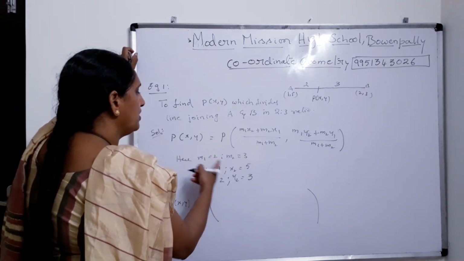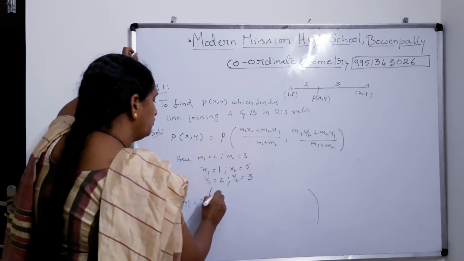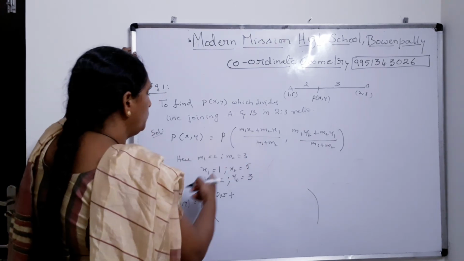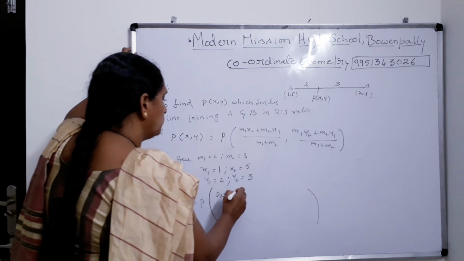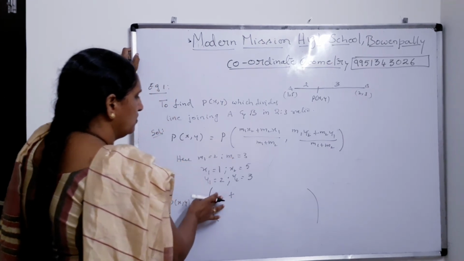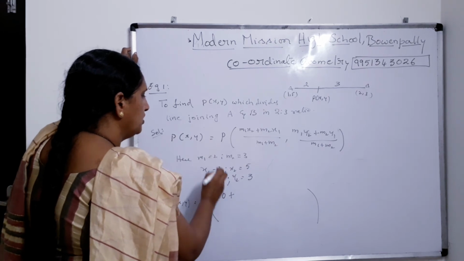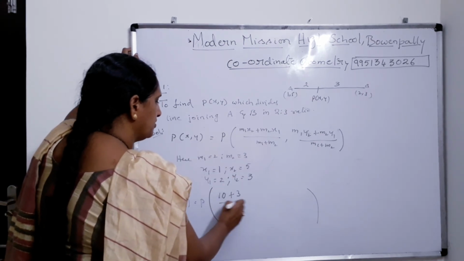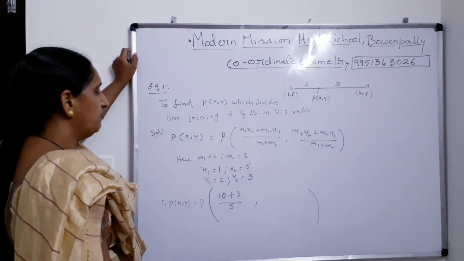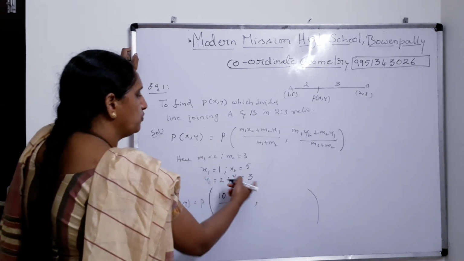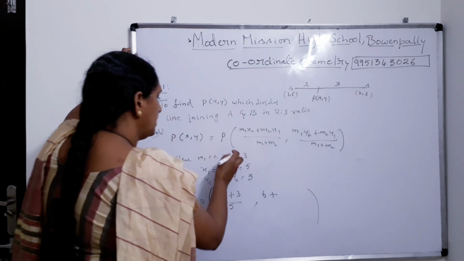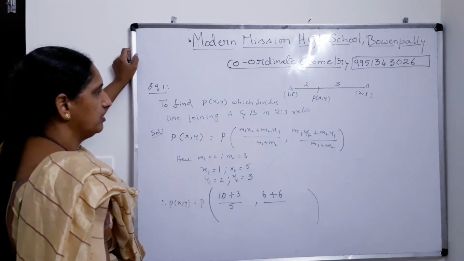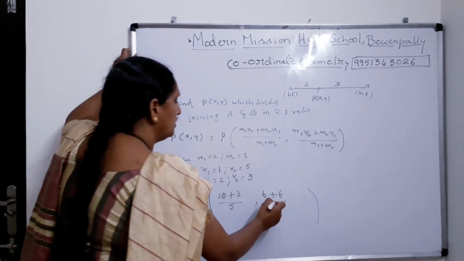M1 x2, 2 into 5, 10, plus M2 x1, 3 into 1, 3, by M1 plus M2, 2 plus 3, 5, comma, M1 y2, 2 into 3, 6, plus M2 y1, 3 into 2, 6, divided by M1 plus M2, 2 plus 3, 5.